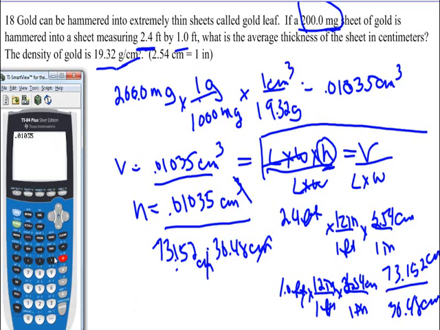And then if I were to punch this, I would get 0.01035 divide by, in parentheses, 73.152 times 30.48, close the parentheses, equals, gives me a height of 4.64.